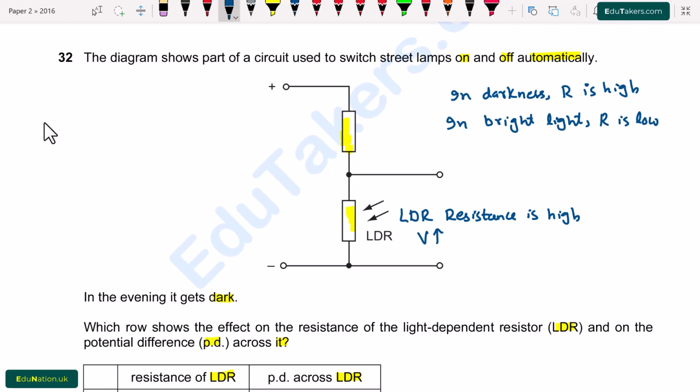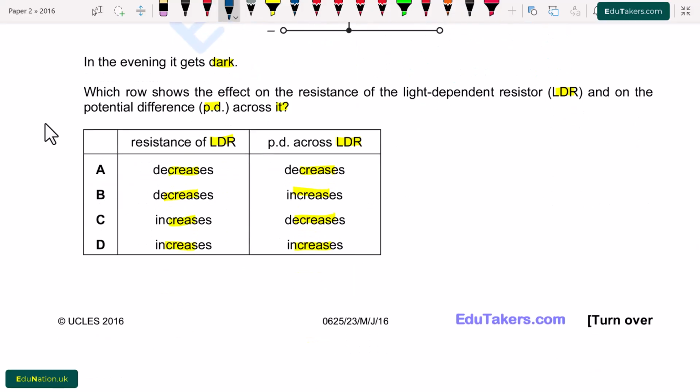In a potential divider, R1 over R2 is equal to V1 over V2. It means that in the evening both the resistance and potential difference across the LDR increase. Now we see the options. In option D, both of these increase, so option D is correct.